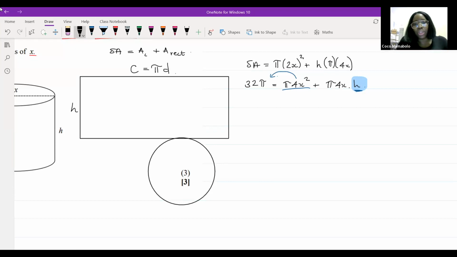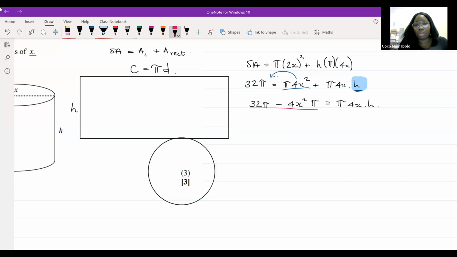Okay, so I'm going to get 32 pi minus 4x squared pi is equal to pi times 4x times h. Now, here's what I'm going to do next, guys. I'm going to look for a highest common factor on the left-hand side.